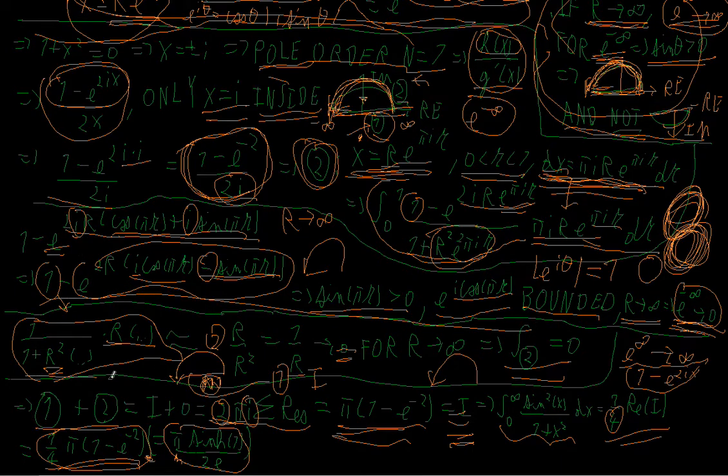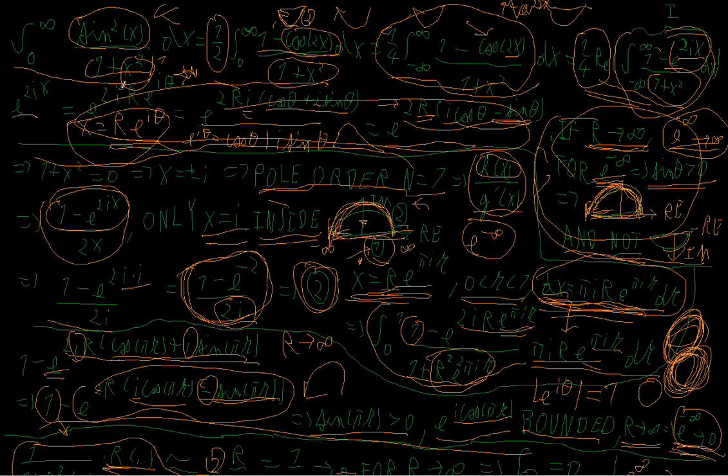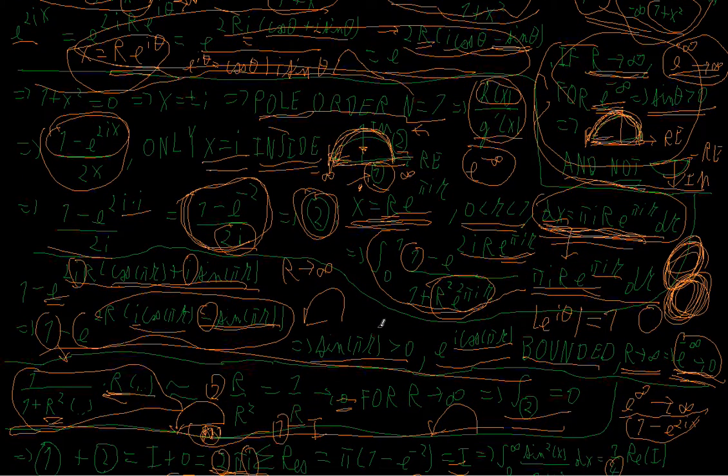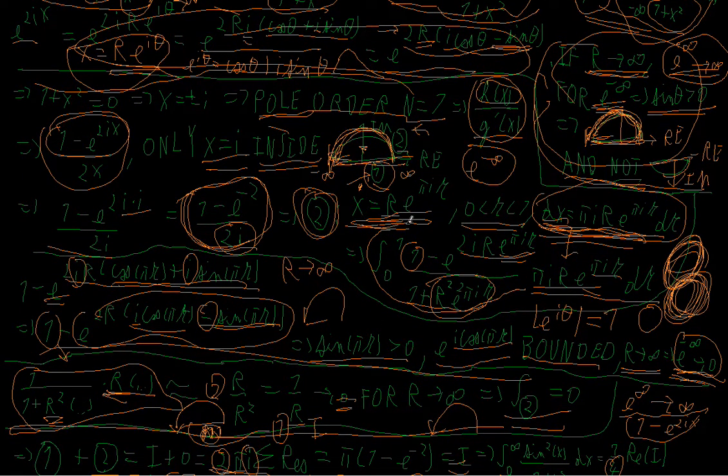here and here, so for the 1 and for the exponential. For the exponential we have an exponential decay, and for the 1 we have roughly r over r squared. This r is from the dx here, and the r squared in the denominator is because there is an x squared in the denominator, so we know that x is equal to r times e to the i pi t here for the circular axis, or for the path 2.